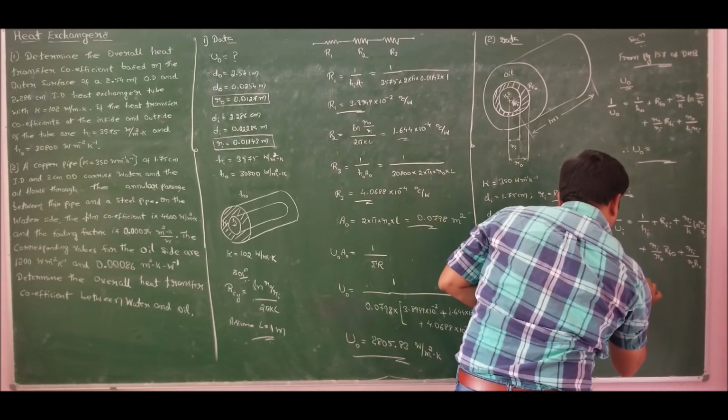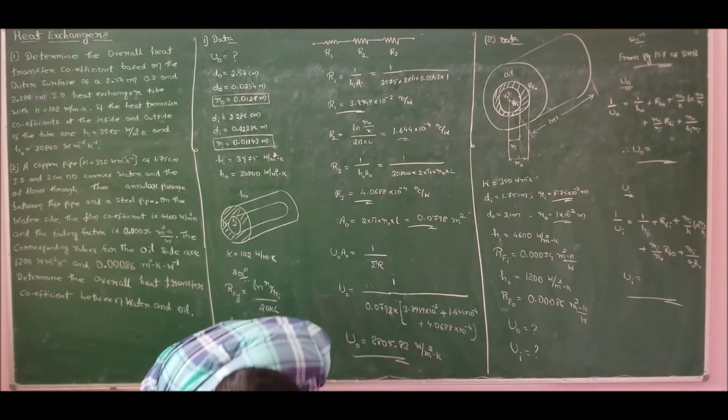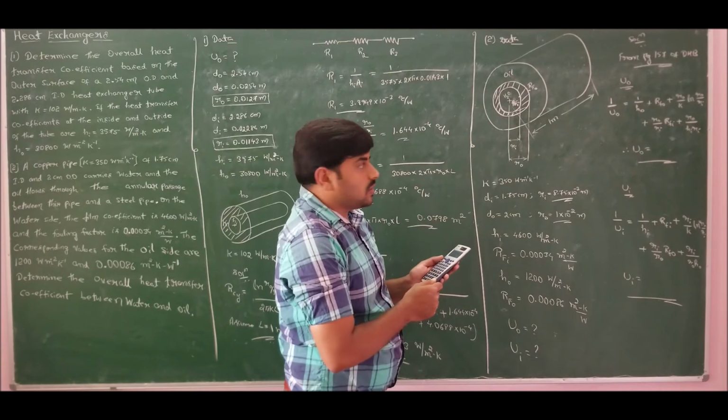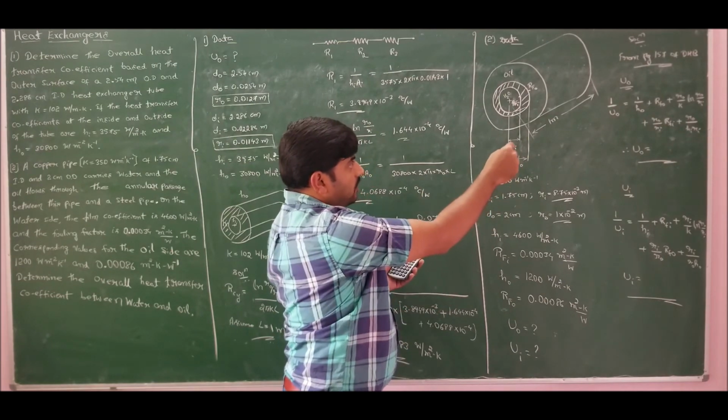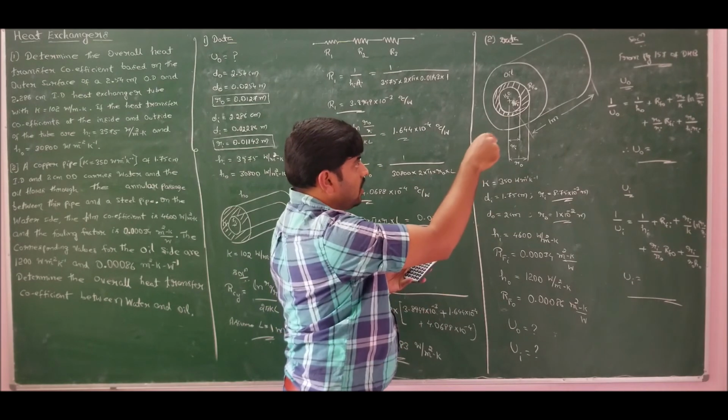So if I substitute and solve, I will get Ui. The overall equation cannot be solved directly, so let us solve the terms individually, and finally we can solve for Uo as 1 over the sum of all the right hand side terms.